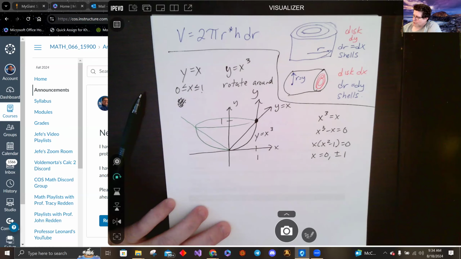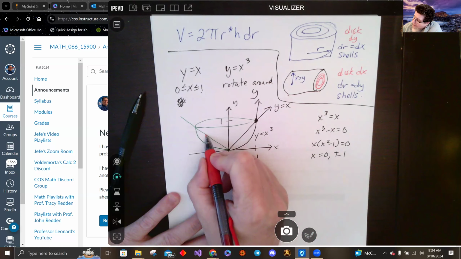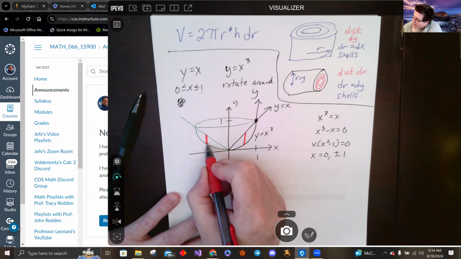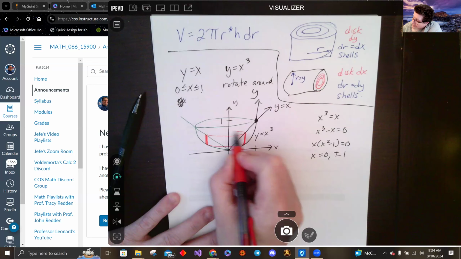So now what we're going to do is we'll start with the shells method. Assuming these are the same height. I'm not the best sketcher, but we're doing a shell like this.